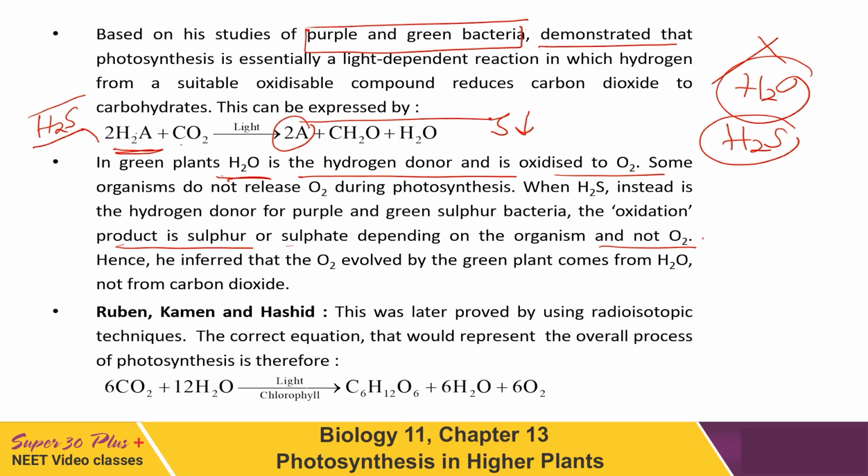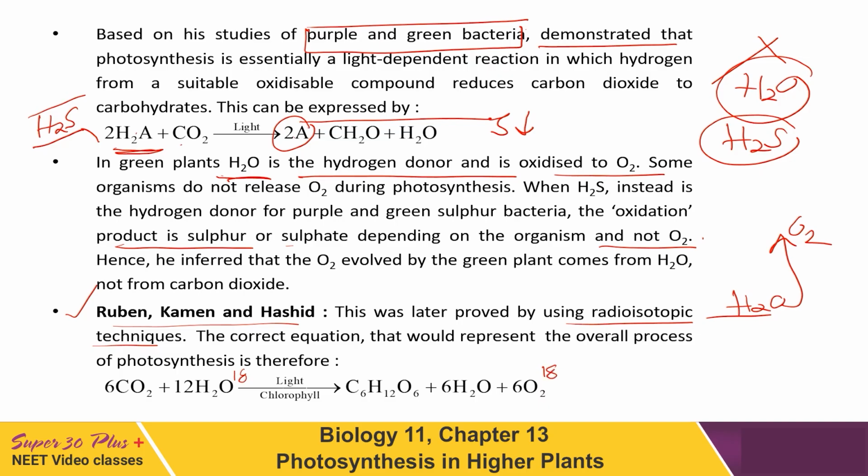It was a very classical experiment, and a solid proof that the oxygen released in photosynthesis comes from water was given by Ruben, Kamen and Hassid. They used radioactive techniques: when the water was labeled with oxygen, it was found that the released oxygen is also radioactive.